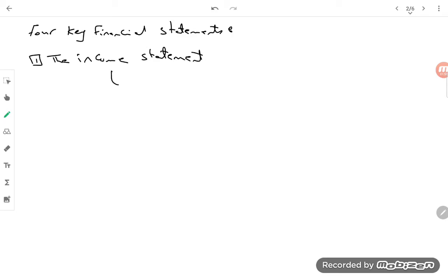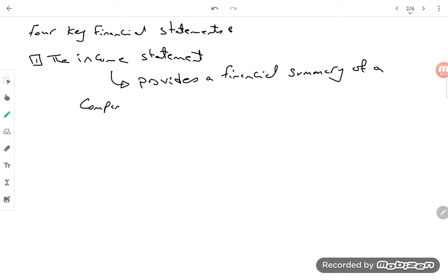Income statement provides a financial summary of a company's operating results during a specific period of time.